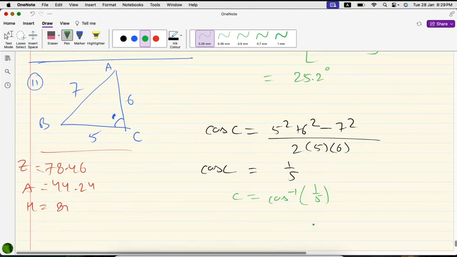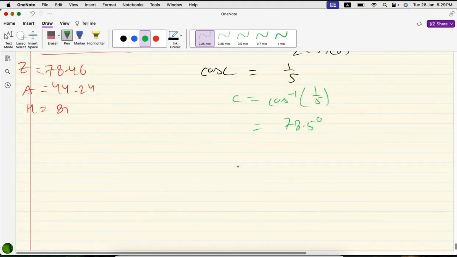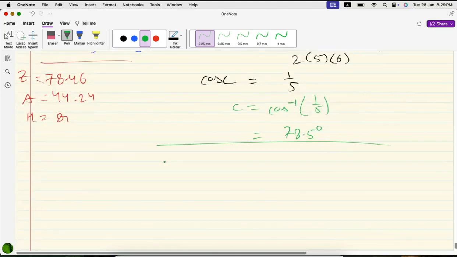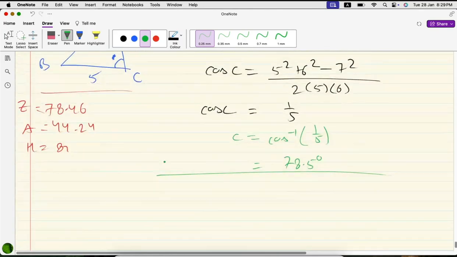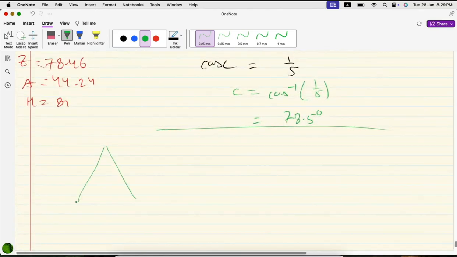If we use the equation 5 squared is equal to 6 squared plus 7 squared minus 2 times, let's do it that way. This was 5, 6, and 7. Let me just copy that here.